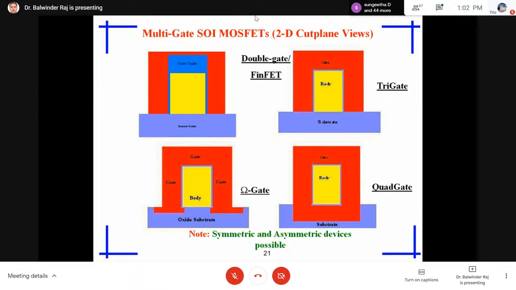Sometimes we use symmetrical, sometimes asymmetrical. Where we require which depends on the application area: whether we are going for logic design or memory design, for high performance or low power. Accordingly, we select the device dimensions, its structure, and whether it is symmetrical or asymmetrical.